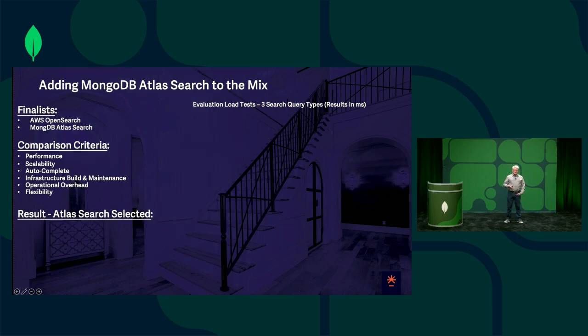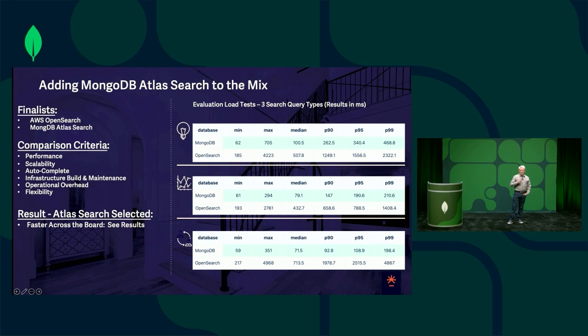And so the result, getting straight to the point here, is we selected Atlas Search, right? And this first point is really telling because when we ran these 3 different performance test scenarios, each with 100 virtual users, and we're using K6 as our load generator, you can see that MongoDB Atlas Search beat OpenSearch in every single use case by, in most cases, 3x, sometimes 4x.